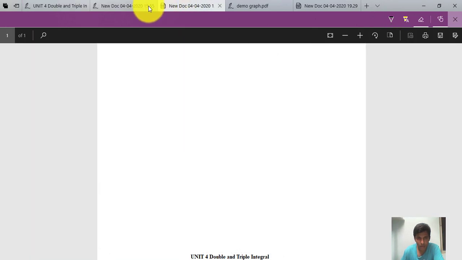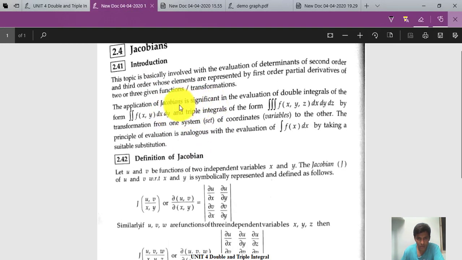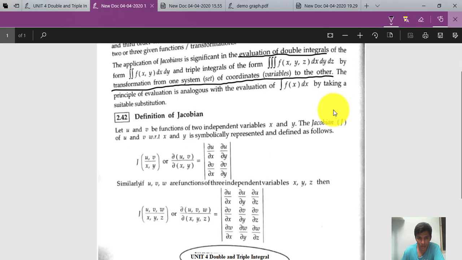Now what do we mean by this Jacobian? The Jacobian is used for significant evaluation of double integrals of the form f of x y, and triple integrals as well, by transformation from one system of coordinates to another. This is important, only this thing you need to know, and you have seen it in your previous classes also.